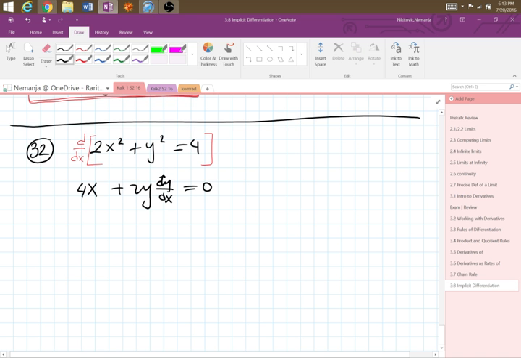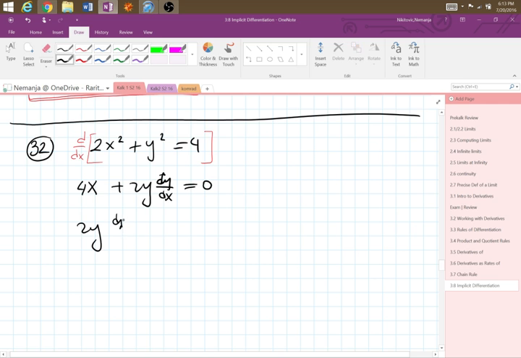Now, 2y dy/dx is equal to negative 4x, and then dy/dx alone is negative 4x over 2y, so it's just negative 2x over y.